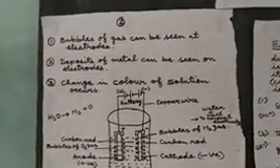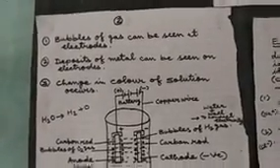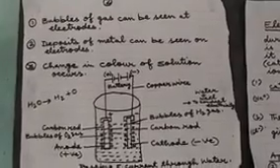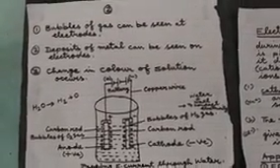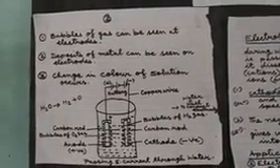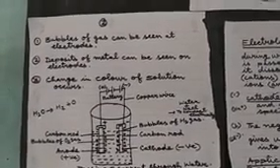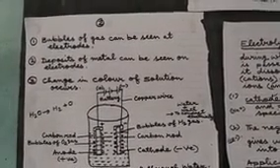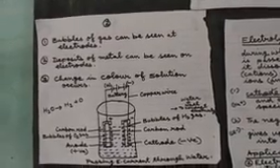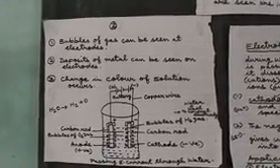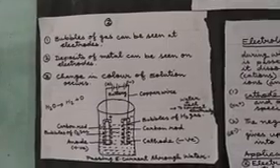Here, students, one point I missed while I was explaining the chemical effect of electric current: what are the various types of changes which take place during the chemical reaction. The first type of change which we can see when electric current is passed through an electrolyte or conducting liquid is that bubbles of gas can be seen at the electrodes.